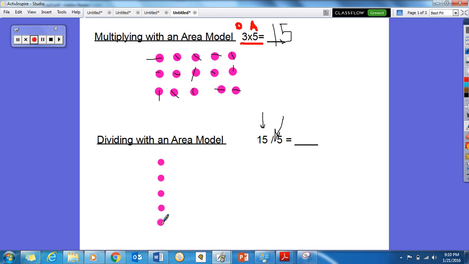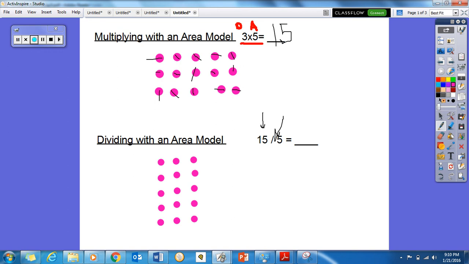So I'm going to add 1 to each group, one by one, so that eventually I can see how many are in each group. Now remember, I already have 5 drawn. So I'm going to start up here. 1, 2, 3, 4, 5, 6, 7, 8, 9, 10, 11, 12, 13, 14, and 15. So I divided 15 dots into 5 groups.